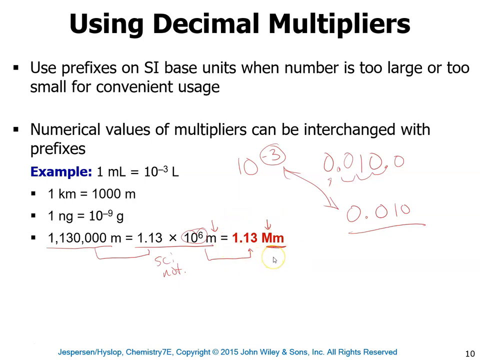So that's why we do that, and it's common with chemistry. We're often going to be looking at concentrations of chemicals, and they might be millimolar, or we'll use those terms. So getting comfortable with these conversions, getting comfortable with scientific notation is part of understanding that language of chemistry.